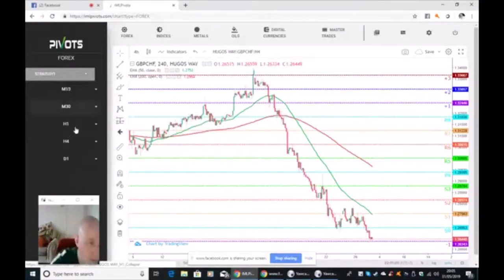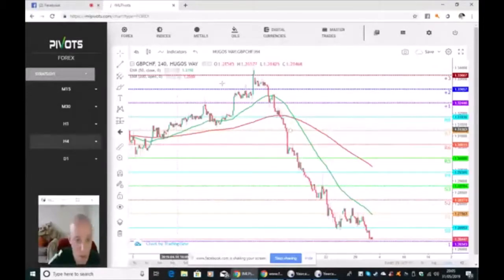But then you have underneath here subcategories. So you've got your time charts, basically. You've got 15 minutes, you have 30 minutes, you have your 1 hour, you have your 4 hour, and you have the 1 day, okay? So what this one is on at the moment, you just simply look on the top. This is on the 4 hour chart, okay?